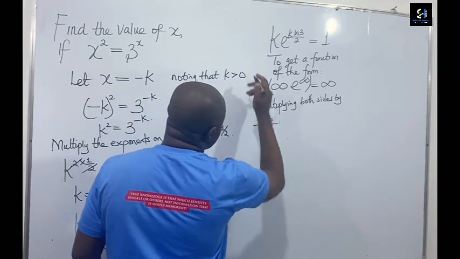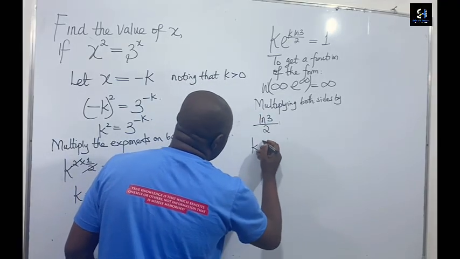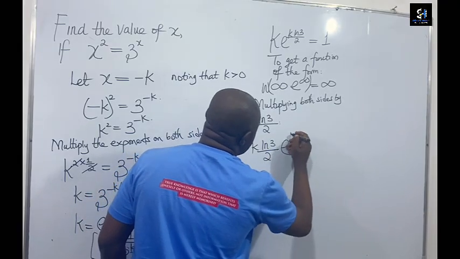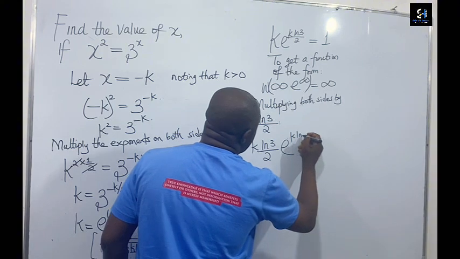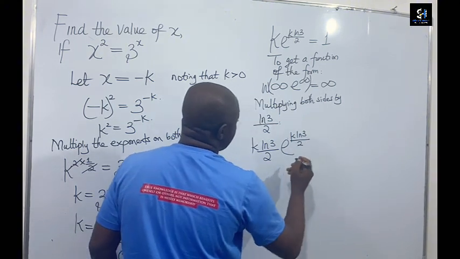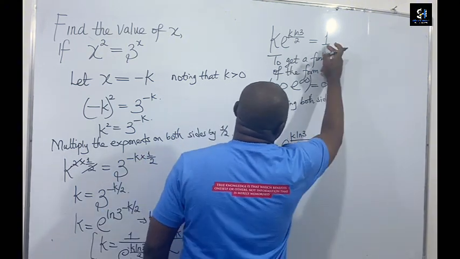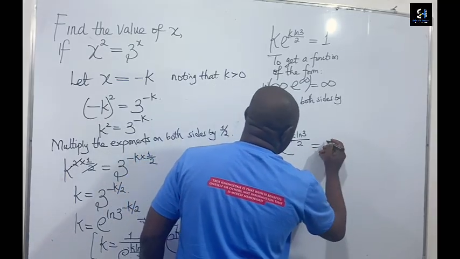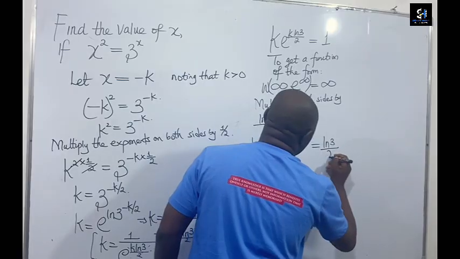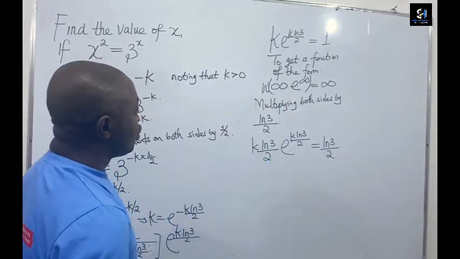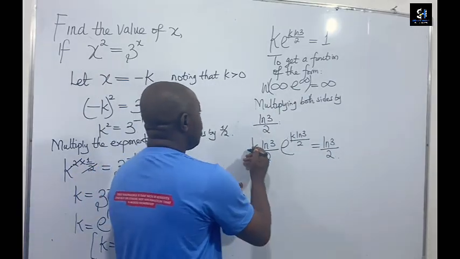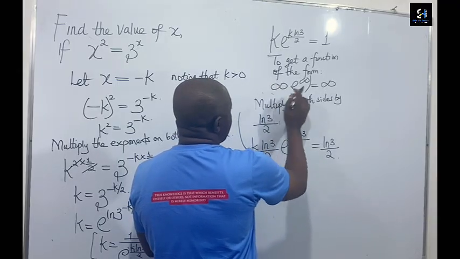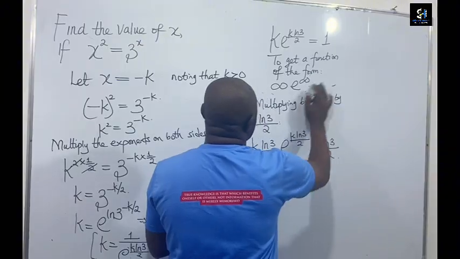On the left hand side we're going to have k ln 3 over 2 multiplied by e raised to the power of k ln 3 over 2, and on the right hand side, 1 multiplied by ln 3 over 2, which will be ln 3 over 2. Okay, so we now have what looks like this.